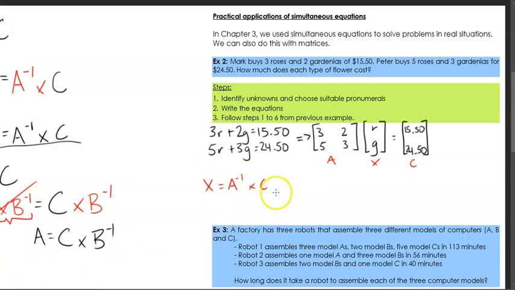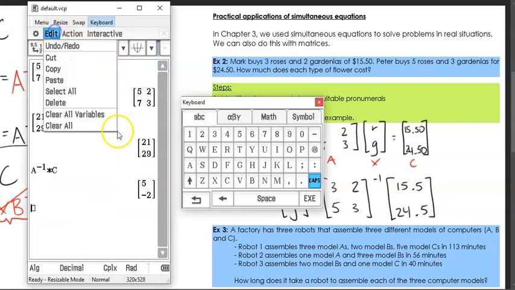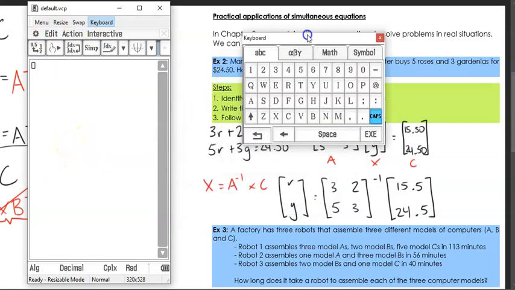Or in other words, RG is just going to equal the inverse of 3, 2, 5, 3, multiplied by 15.50, 24.50, and then use our trusty calculator to work this out. So remember, edit, clear all, and edit, clear all variables, because we want to establish new x's and y's for this one.